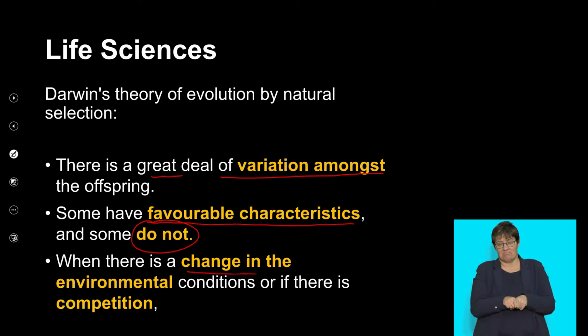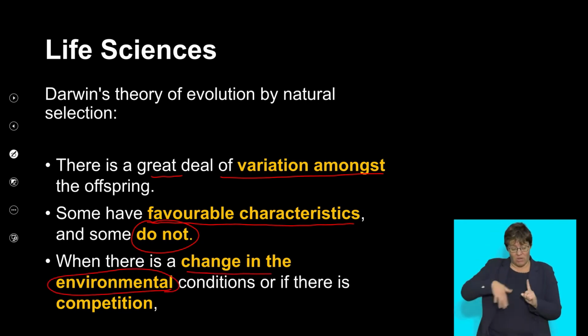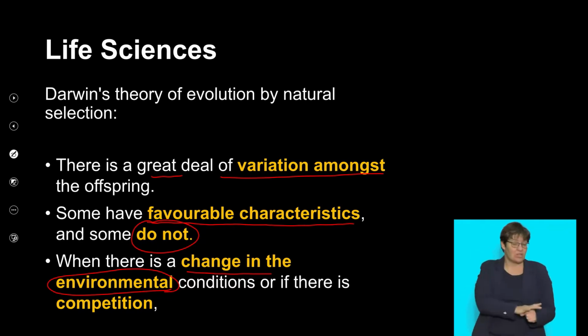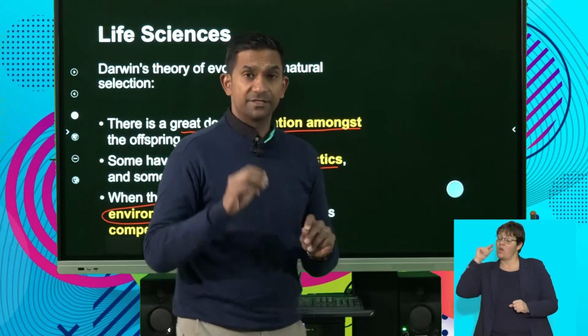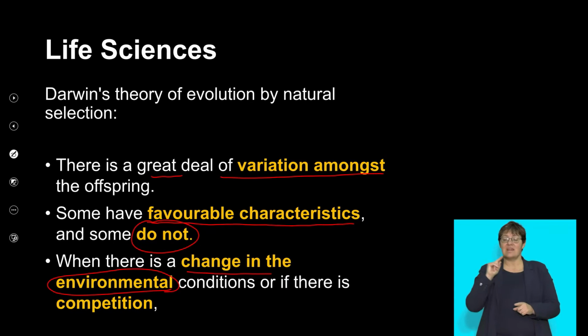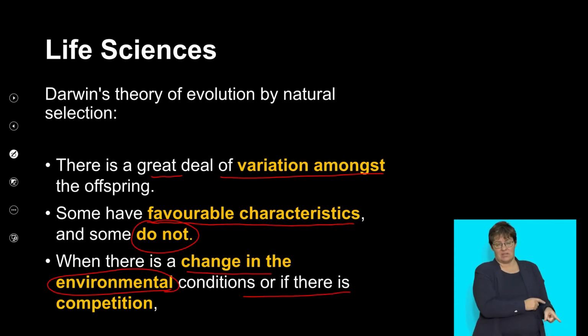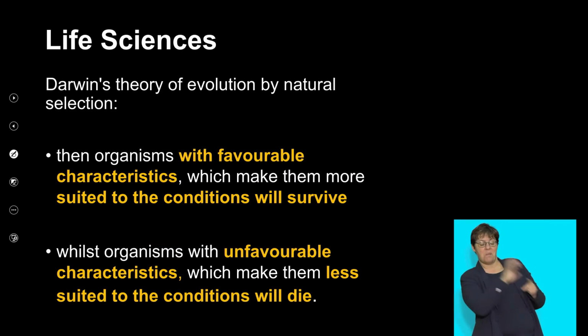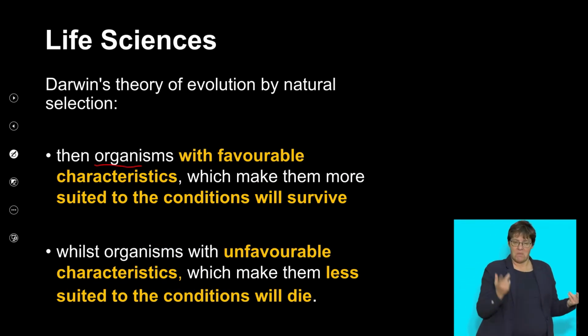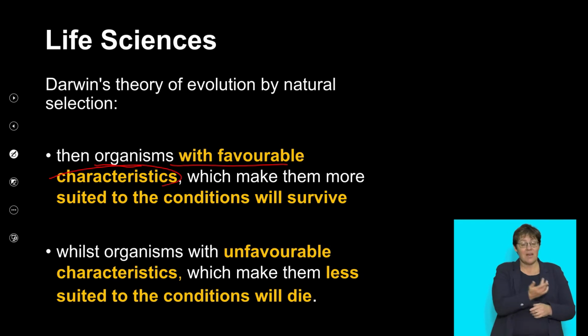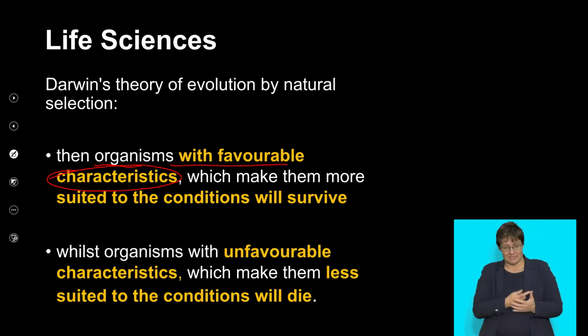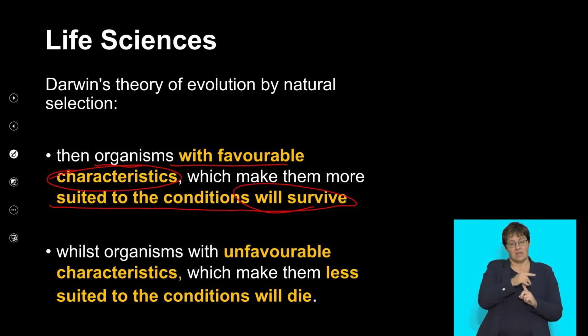When there is a change in the environment or a selection pressure, which I refer to as being the predator bird, some of them are less likely to survive while others survive. And we see that those organisms with the favorable characteristic, in this case being dark and better camouflaged, are better suited to the conditions and they survive.